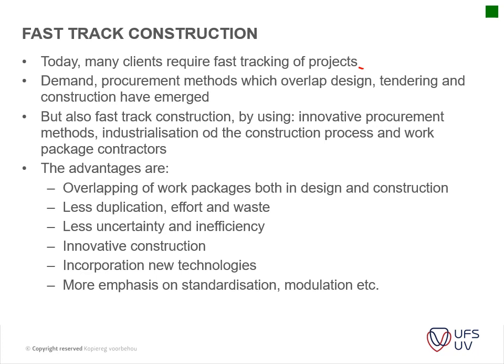Okay, but also fast-track construction by using innovative procurement methods, industrialization of the construction process, and work package contracts can also be used. You can use all of these innovative methods.